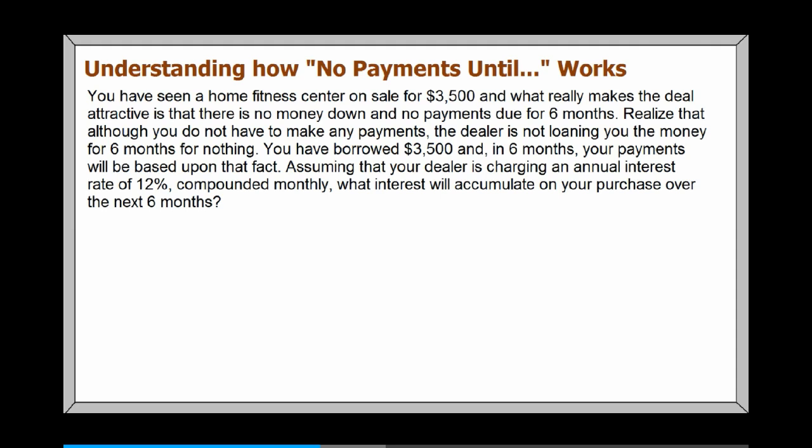To determine the interest that has accumulated, we will find the future value of your loan, assuming you make no payments, and subtract $3,500 from that. We will use the formula for calculating future value with P equals 3,500, R equals 0.12, M equals 12, and N equals 6.